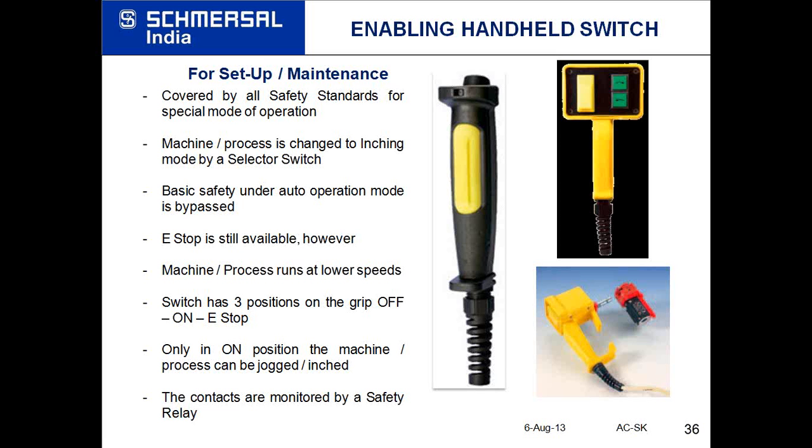Also on the top, you can see a small push button, which is nothing but the jog push button or inch push button. So the sequence is you have to slightly press this yellow part, and then the machine is enabled for jogging.